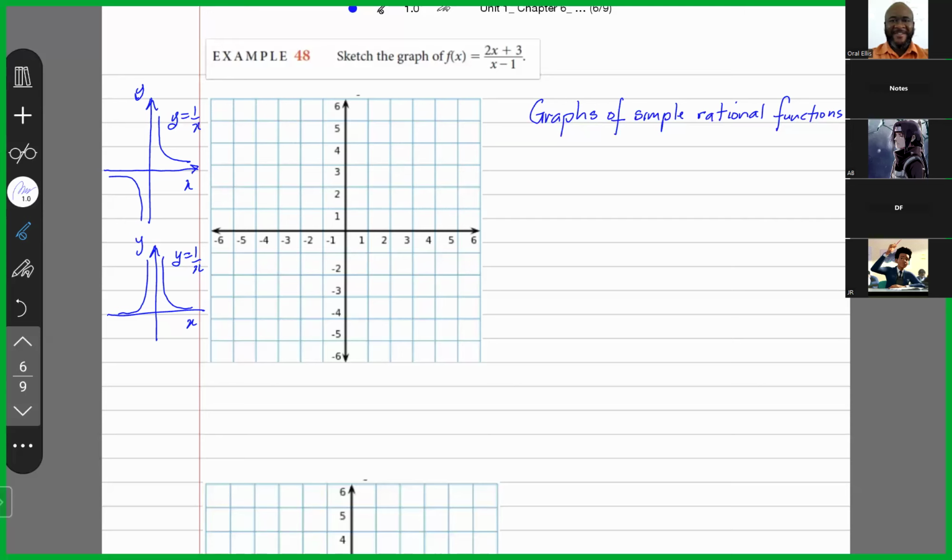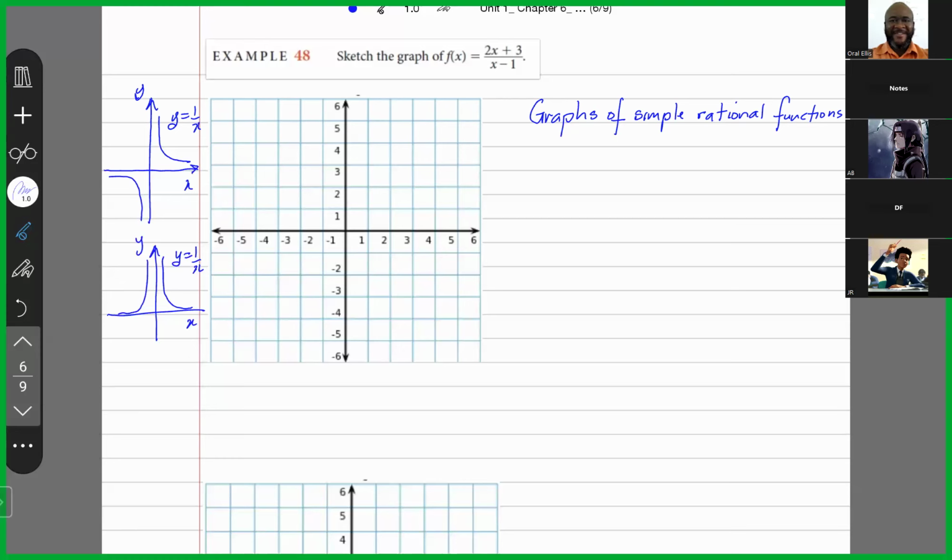I'll say that again. 2x plus 3 over x minus 1 is an improper fraction. What makes it an improper fraction? It's an improper fraction because the highest power of x in the numerator and in the denominator are the same. That's one reason. And the second thing that could make a rational fraction an improper fraction is if the highest power of x in the numerator is greater than the highest power of x in the denominator.